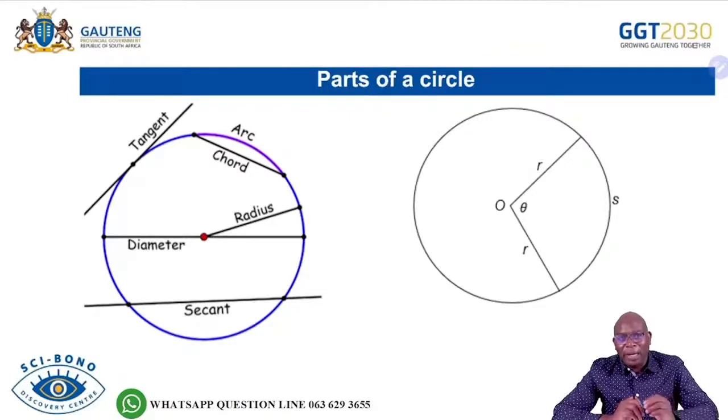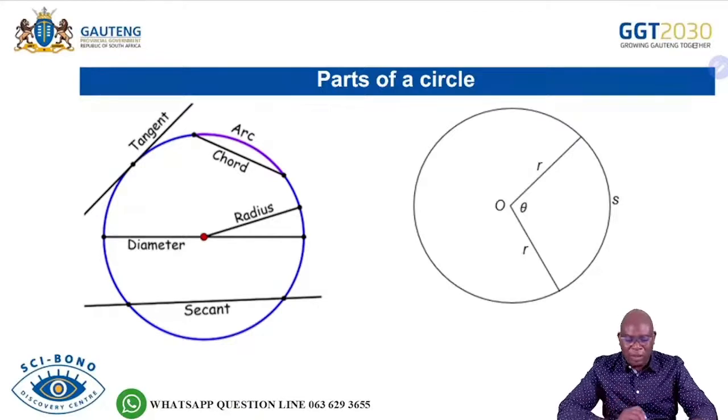So you need to understand what is a chord, where is the chord, how do we draw a chord, how do we look at a sector, how do I look at the segment, where do I get the segment, where do I get the sector, where do I get the arc length.